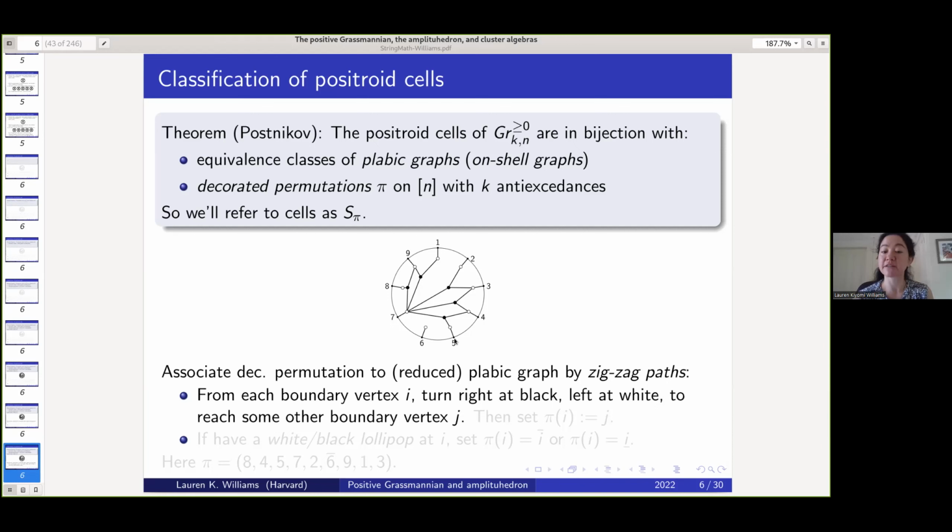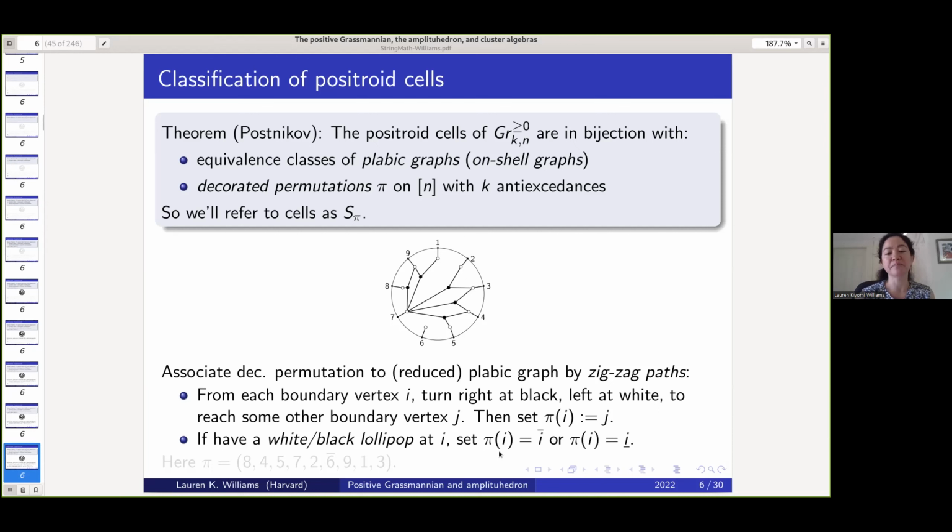So for example, if I start at 5, I go out, I see a white vertex, I turn left. Then I see this black vertex, I turn right. Now I see a white vertex, I turn left. I see black, I turn right. I see a white vertex, I turn left. See black, so I turn right, and then I go to 2. So I've taken a little trip in the graph from 5 to 2. And so that tells me to set pi of 5 to be equal to 2.